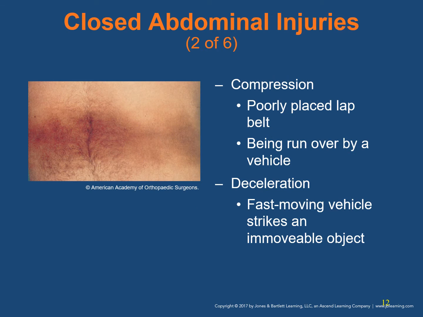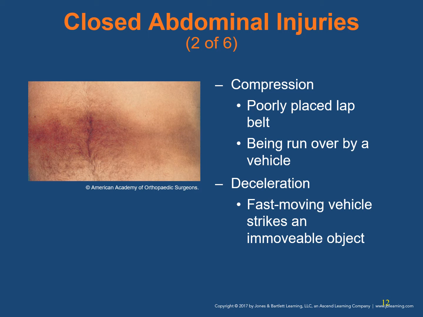Compression, typically caused by a poorly placed lap belt, creates an injury pattern called a clasp knife injury. It can also be caused when a person is run or rolled over by vehicles or objects.